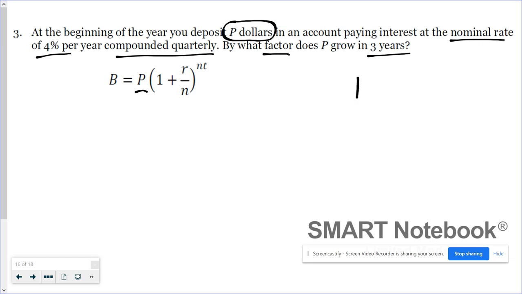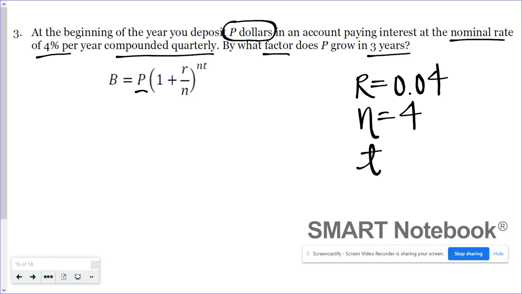The nominal rate, that's R. Whenever I use these formulas, I turn R into a decimal, so R is 0.04. Compounded quarterly means N is equal to 4, and 3 years' time means T is 3.